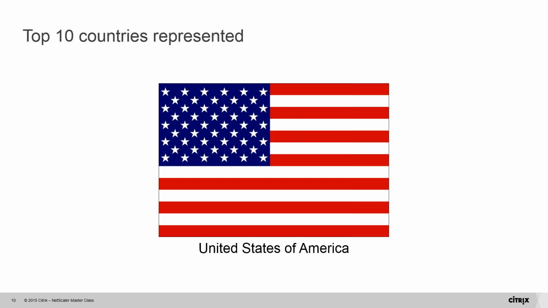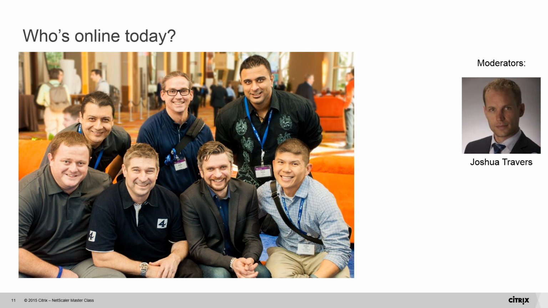Above that, of course, we move into the Western Hemisphere. A lot of people from Brazil and Canada, so welcome one and all. And the most populous nation represented here is the US. So it's great that you all tune in for your monthly dose of NetScaler goodness. And with that, that's who's online from your side. Who's online from our side?